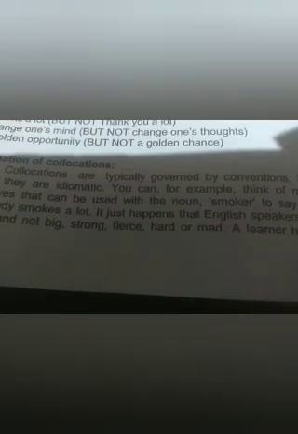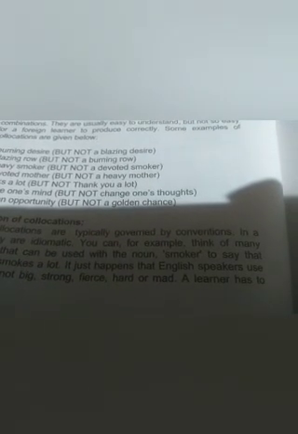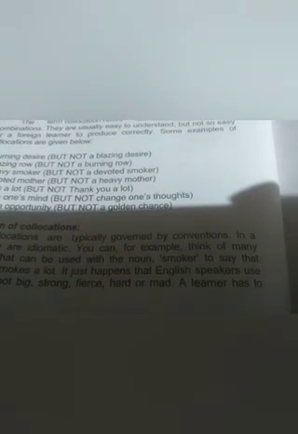Formation of collocations. Collocations are typically governed by convention; in a sense they are idiomatic. You can, for example, think of many adjectives that can be used with the noun smoker to say that somebody smokes a lot.